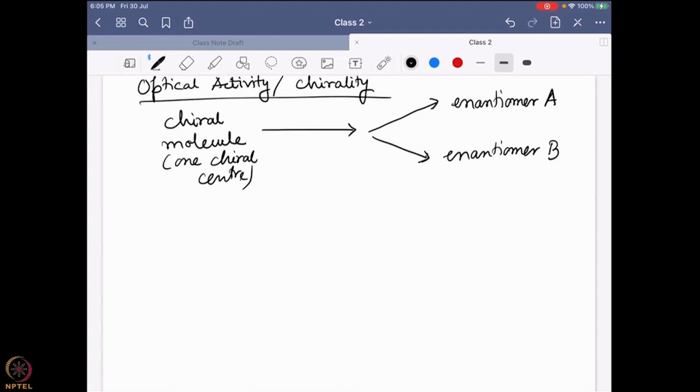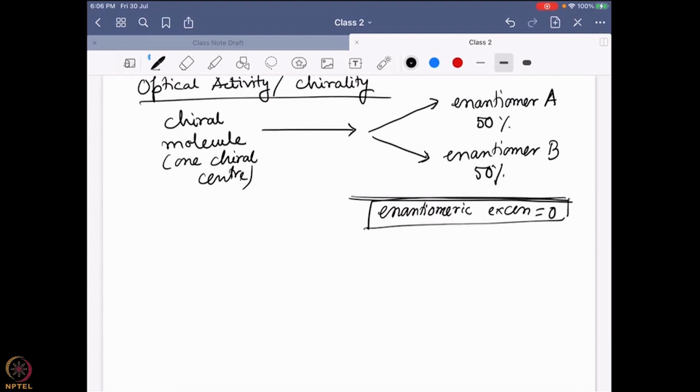So yes, that should be 50-50 with respect to the ratio if I am doing it synthetically without using any chiral center. If I'm doing that in an achiral environment, I'm going to get both enantiomers in the same equivalent. In terms of enantiomeric excess, we would say it is going to be 0. No enantiomeric excess. Both of them will be prepared in the same amount. Why? Because I am using an achiral environment in this reaction.